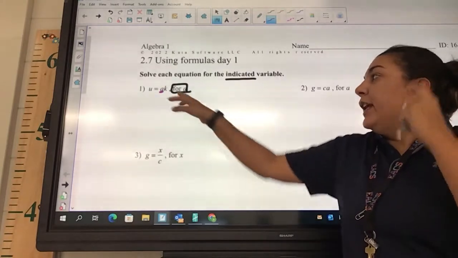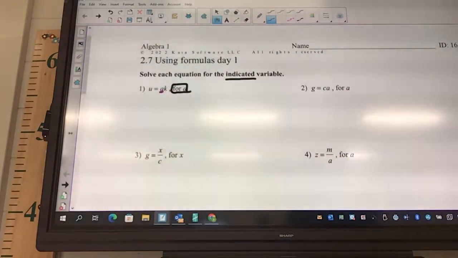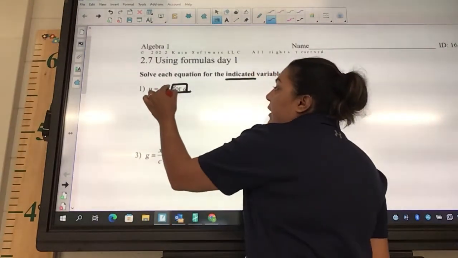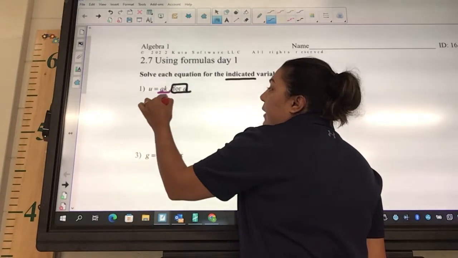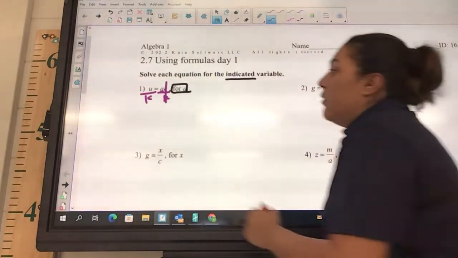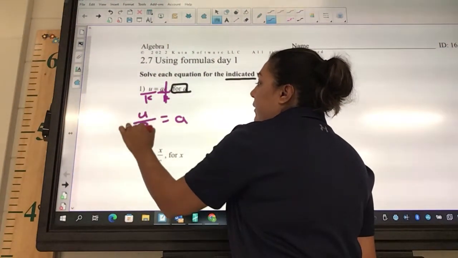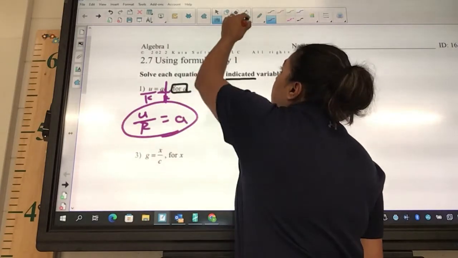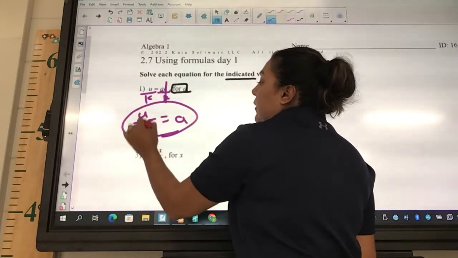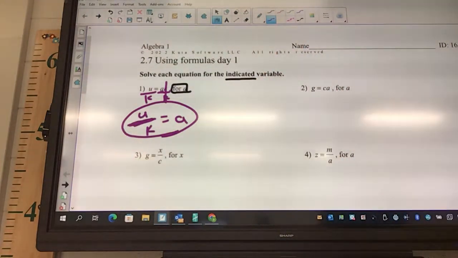I really have A times K, so I'm going to have to move the K. If it's times, then we're going to divide both sides by K in order for those to cancel. So I'm left with A equals U over K.